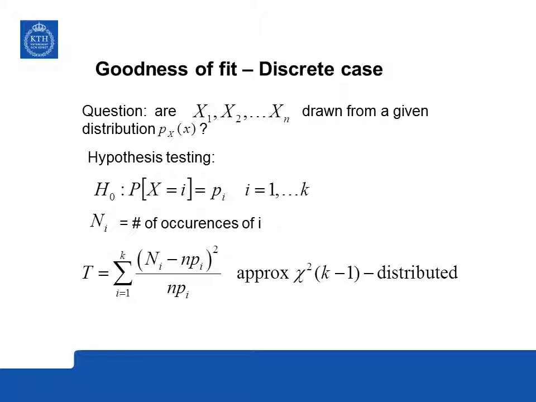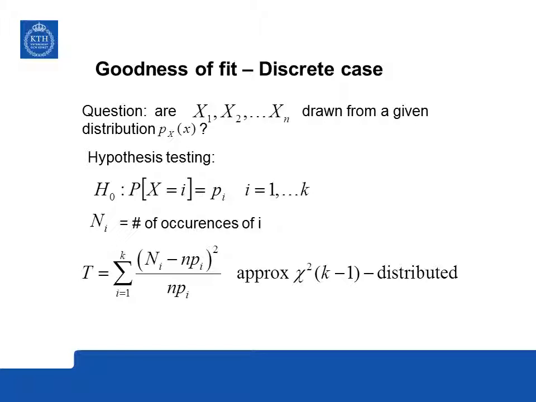So we form the square error between these two and normalize it. So we get the sum where we have the number of occurrences, and we compare this to NPi, which is the expected number of occurrences given the hypothesis H0 is true. And from statistics we know that such a sum is approximately chi-square distributed with k minus 1 degrees of freedom.